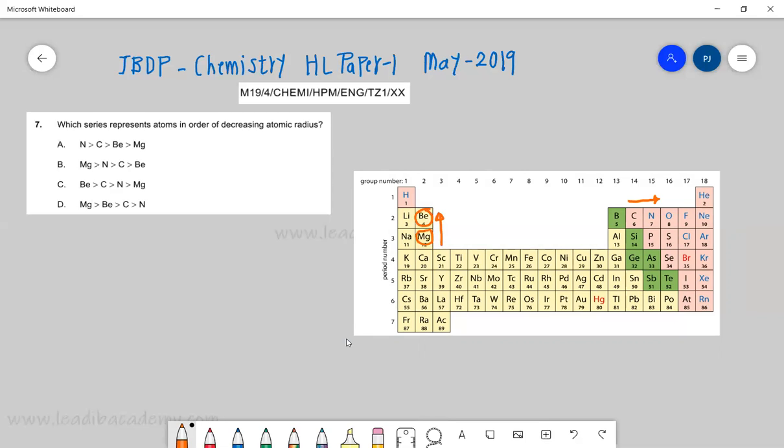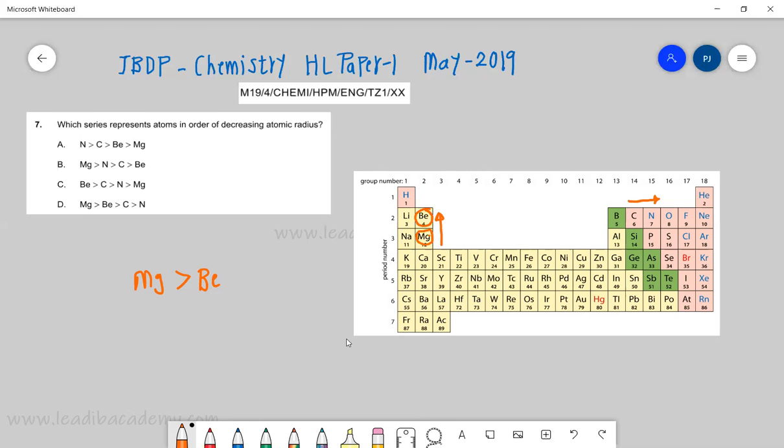Between magnesium and beryllium, magnesium is the winner, sitting on the top, followed by beryllium. And then we know that from left to right the atomic radius decreases. Why? Because the effective nuclear charge is increasing.